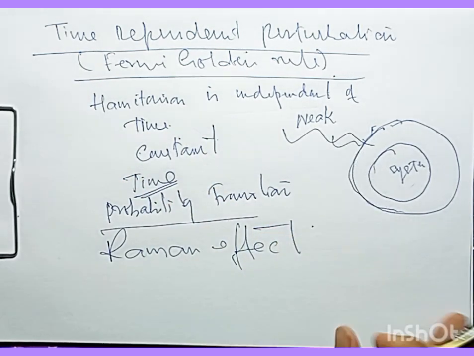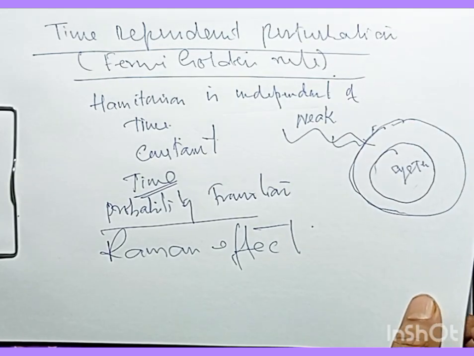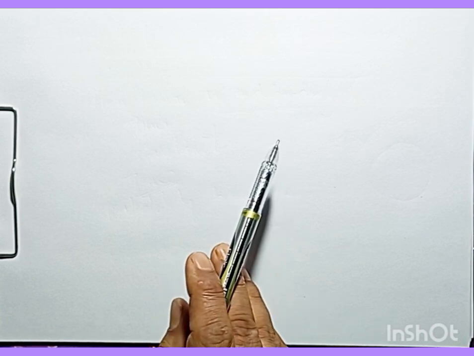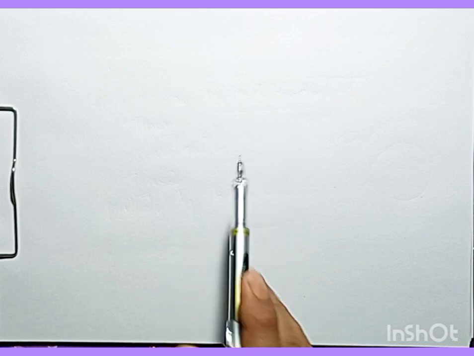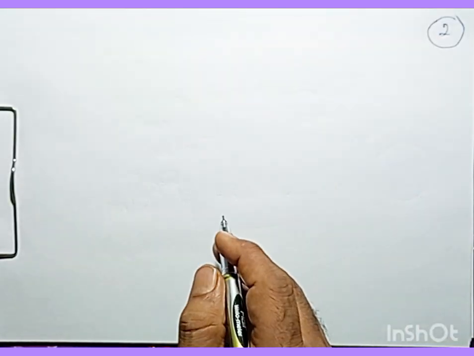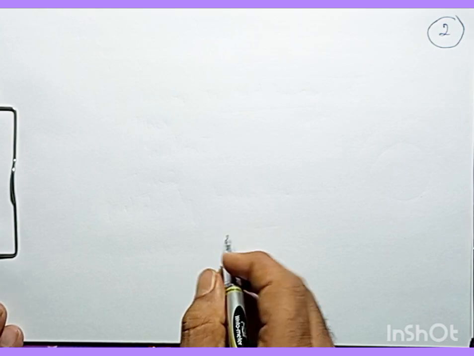So we can start here with the time-dependent Schrödinger equation, and we can put on the terms that are linked as the unperturbed and the perturbed Hamiltonians.